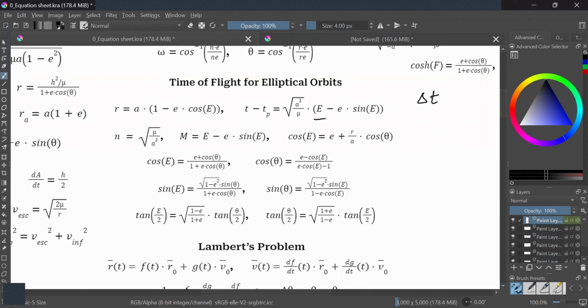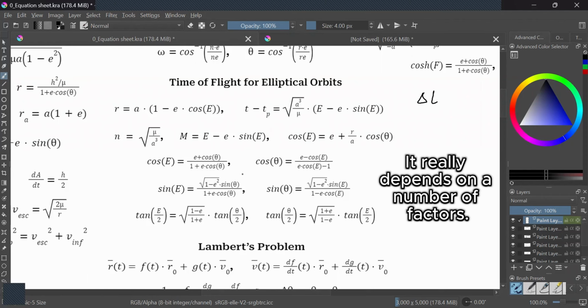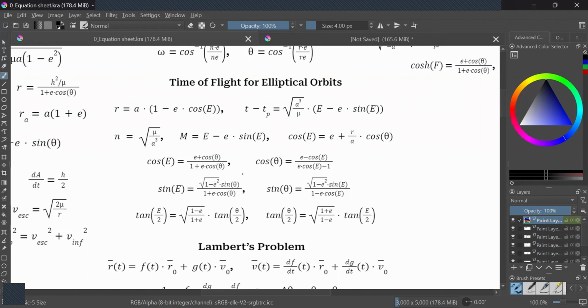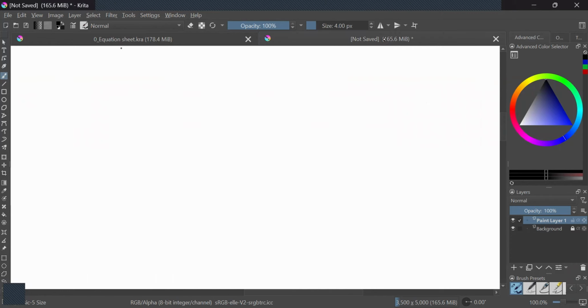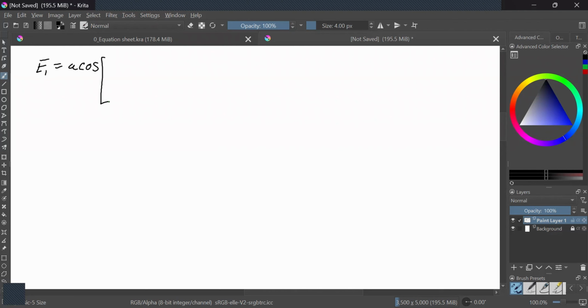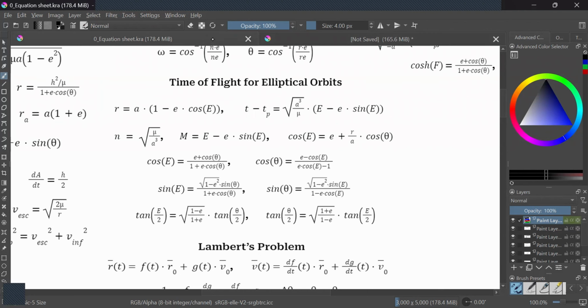For that, we need to know what E is, and I would recommend using cosine E, but however you go about finding the eccentric anomaly angle, go ahead and do that. For me, I'm going to use the cosine because I like the cosine. So let me go ahead and write this down. Our cosine of E, we want the eccentricity first.